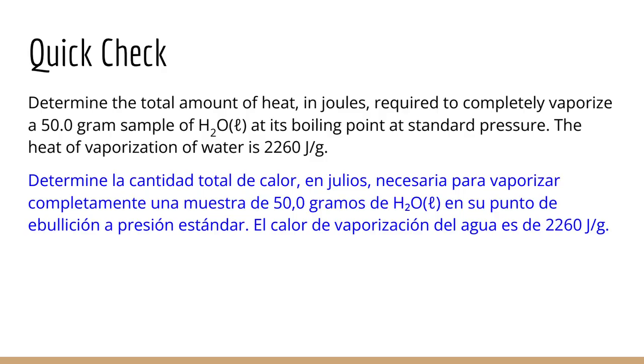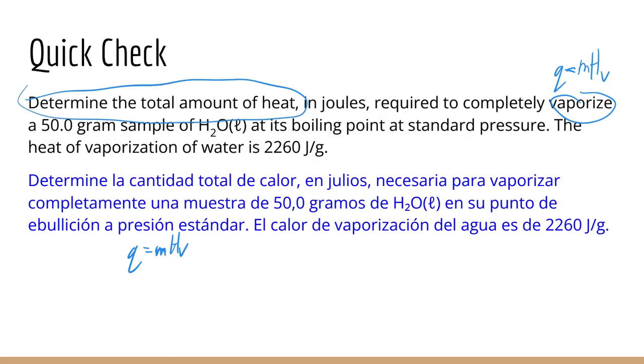Okay, so we see the word vaporize. That means that we use Q is equal to mHV. We're determining the amount of heat, so that means that Q is unknown.